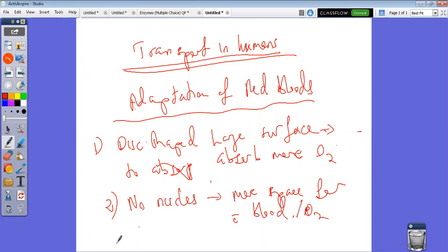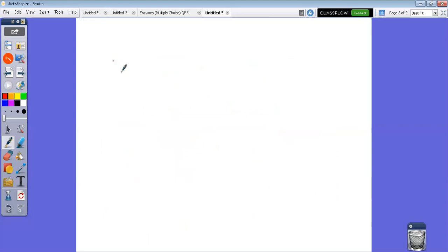Now, what else? They've got hemoglobin, which is a red pigment made from iron. So, what's the function of hemoglobin? Who can tell me the function of hemoglobin?